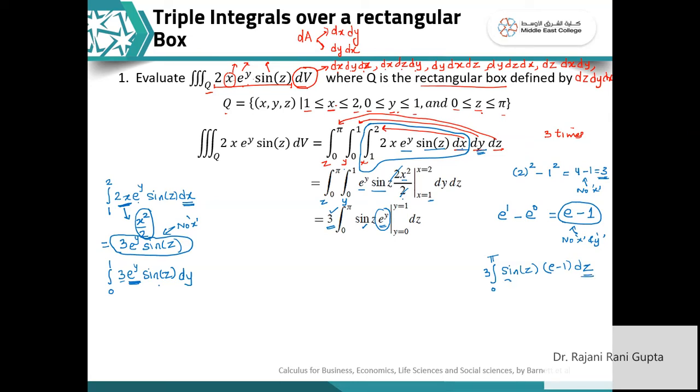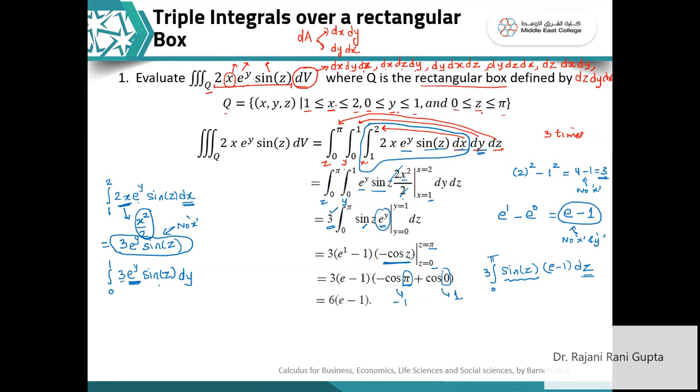So the function of z is only sine of z, which when we integrate gives you minus cosine of z, and the value of z varies from 0 to pi. When we substitute the values, in place of z, first we replace it by pi and then by 0. Cosine of pi is minus 1, cosine of 0 is 1.